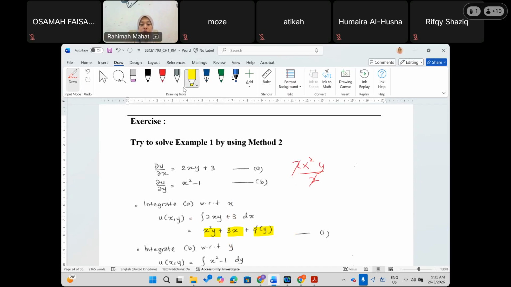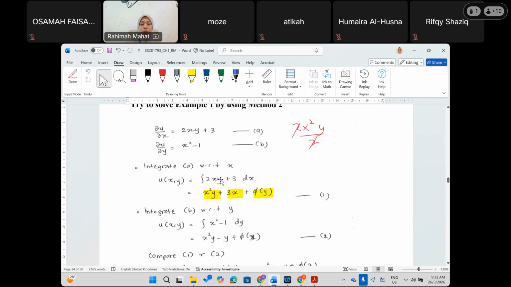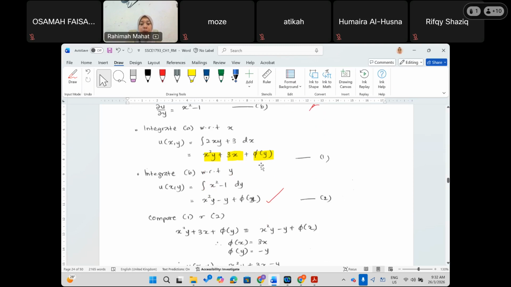Then after that, we integrate with respect to y. So with respect to y, we get x squared y minus y plus 3x. This is equation 1, and that is equation 2. And you compare the values.